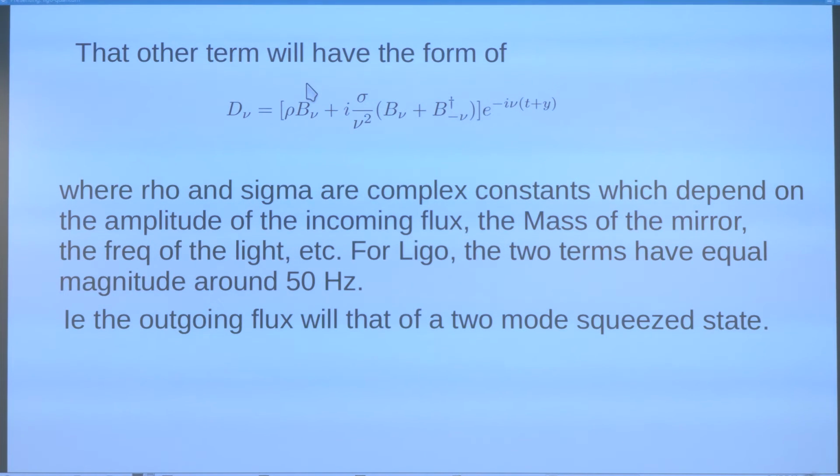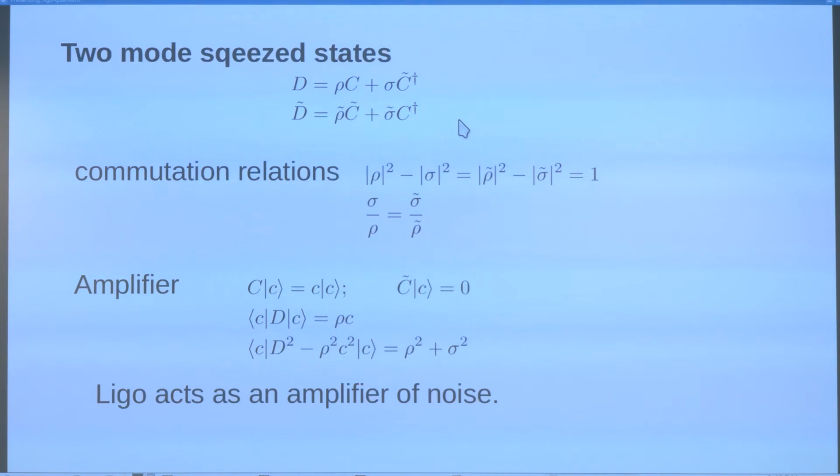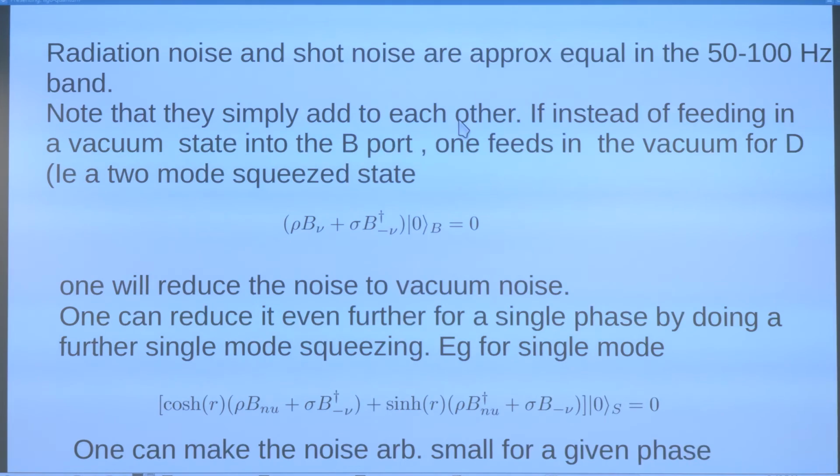And those are all the things that come into it, it's this noise source plus its complex conjugate that affect the noise coming into the photomultipliers. So the outgoing flux will be that of a two-mode squeeze state, squeezing between the modes with plus nu and minus nu. This just refers to that.